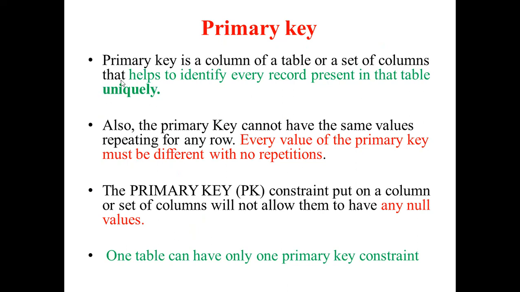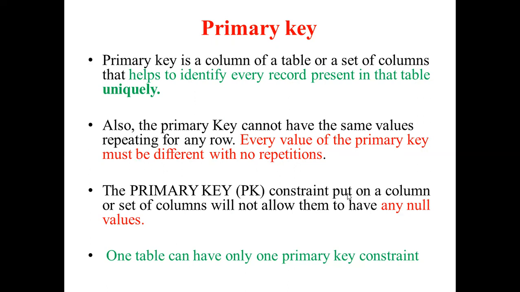Each and every value is unique in that particular column. So this is the first condition for the column to become a primary key. Secondly, a primary key cannot have the same value repeating for any of the rows. That means every value of the primary key must be different with no repetition. That means repetitions are not allowed.